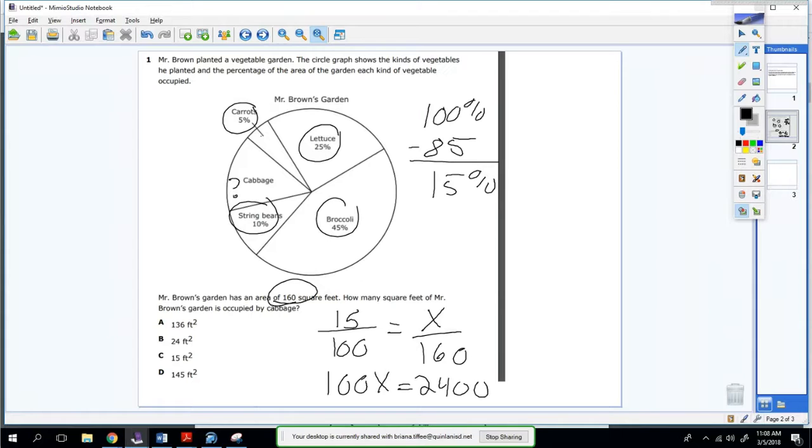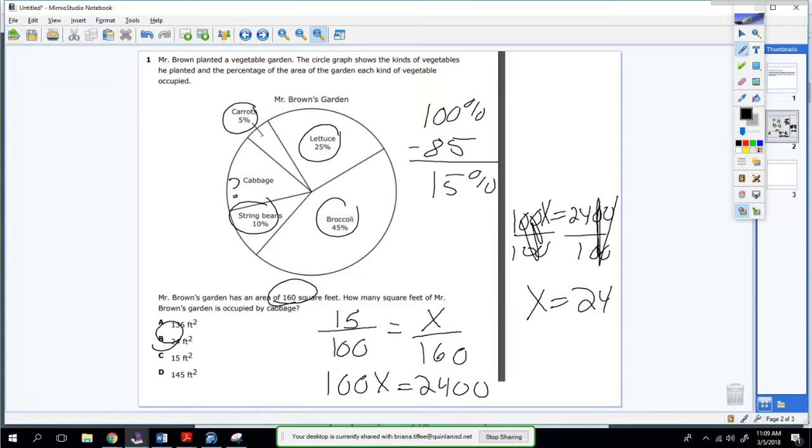So then you're going to divide by 100 to both sides. So let me just write this up here. You can do 100x equals 2,400. And then you're going to divide by 100 to both sides. This cancels out. X comes down. I'm going to cancel out these two zeros. And my answer is 24. So the answer is B, 24.